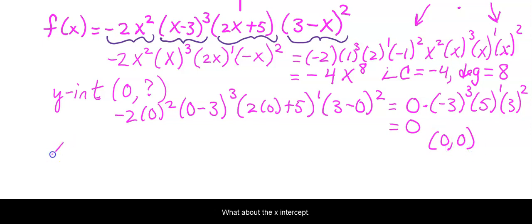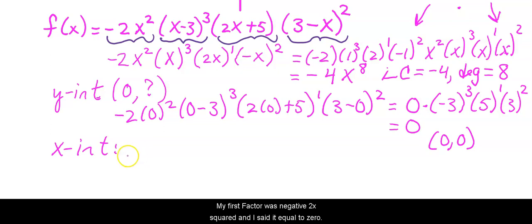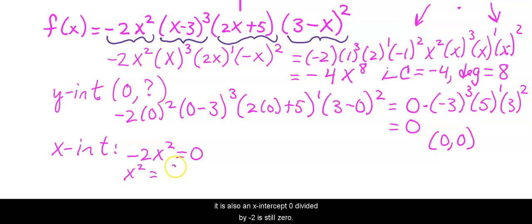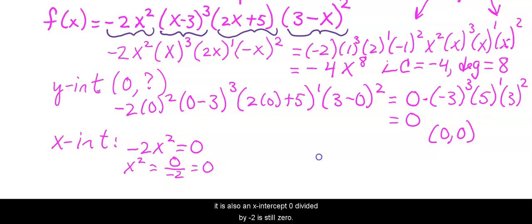What about the x-intercepts? To find the x-intercepts, take each factor individually and set it equal to 0 and solve for x. My first factor was -2x squared, and I set it equal to 0. Since I got that 0, 0 was a y-intercept, that does mean that it is also an x-intercept. 0 divided by -2 is still 0.